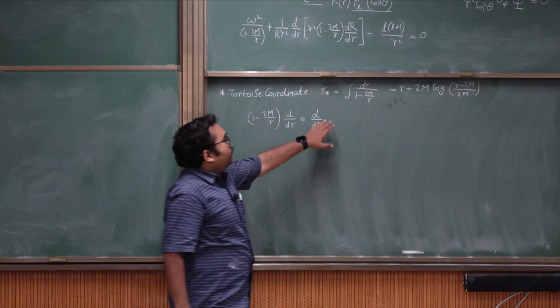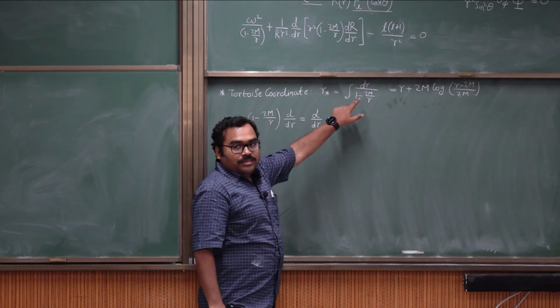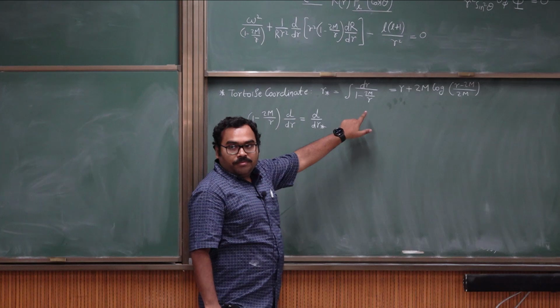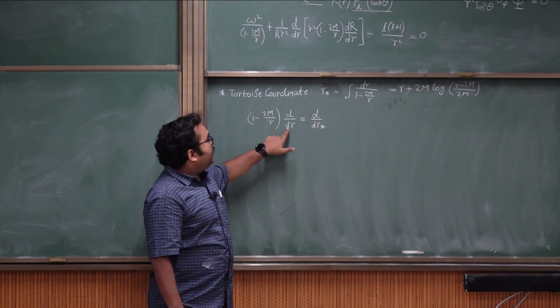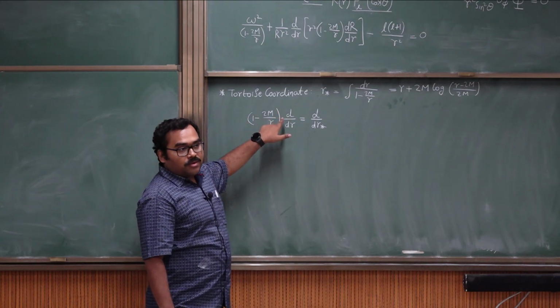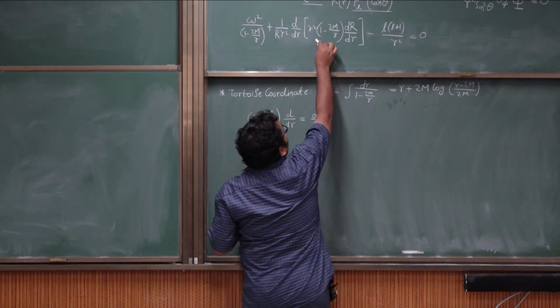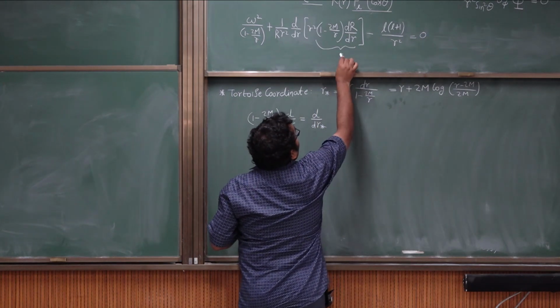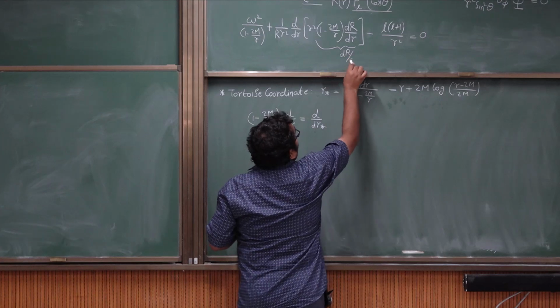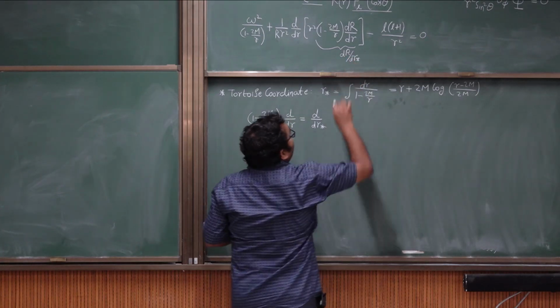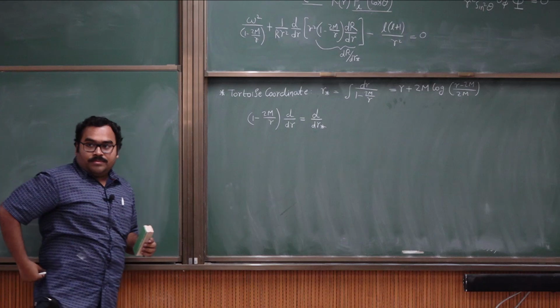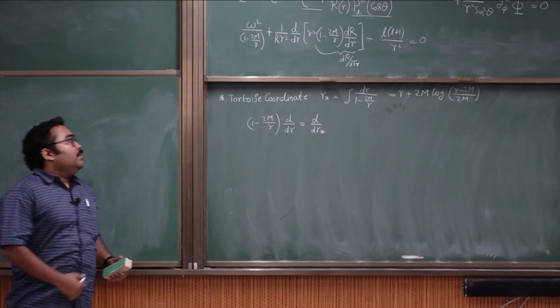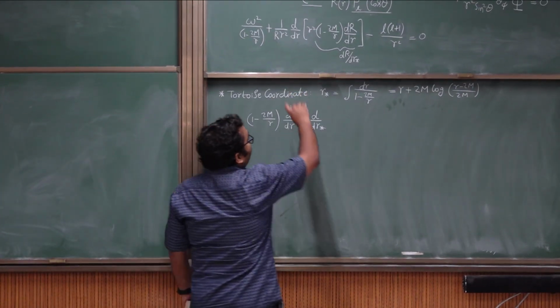It simply follows from here that dr star is dr divided by 1 minus 2m by r. So that means this object over here, I can simply replace with d/dr star.